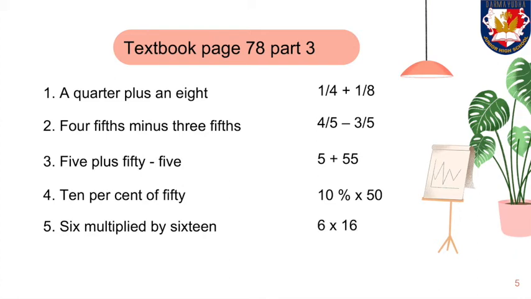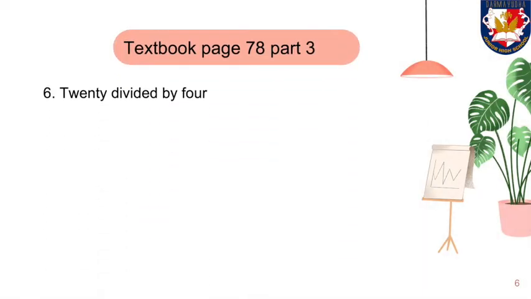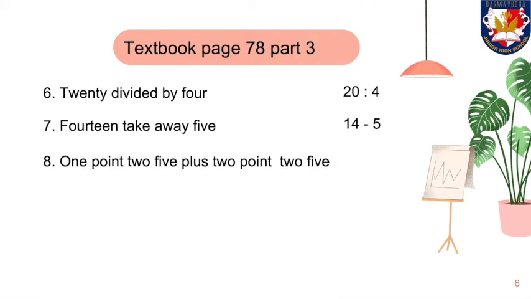Now, let's continue to number 6. 20 divided by 4. Number 7, 14 take away 5. Number 8, 1.25.